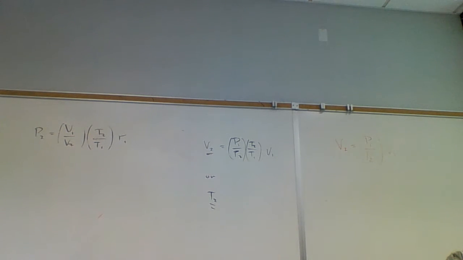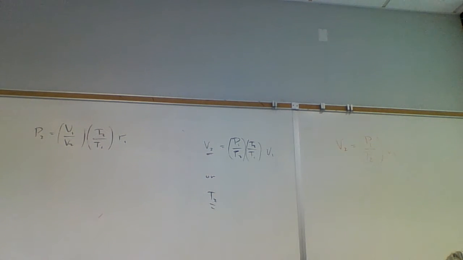Even though the math is easy, you plug in the numbers, you might get the wrong answer because you aren't paying attention to the restrictions on the equation. How do you know the restrictions on the equations? You have to memorize them because nobody tells you. So if you're using the Charles' law equation and the pressure is not constant, you're going to get the wrong answer.